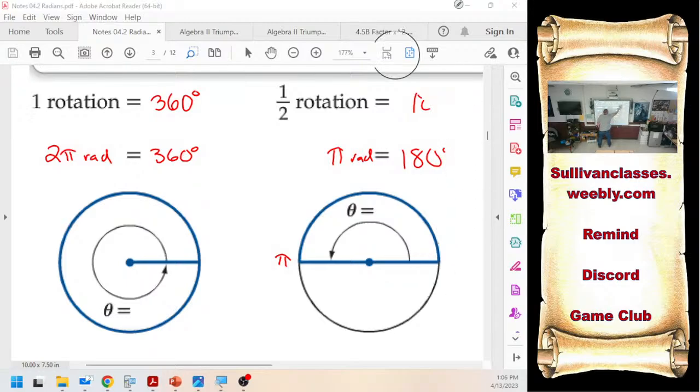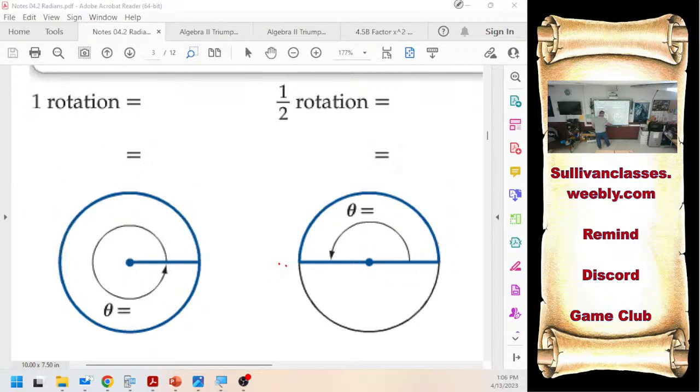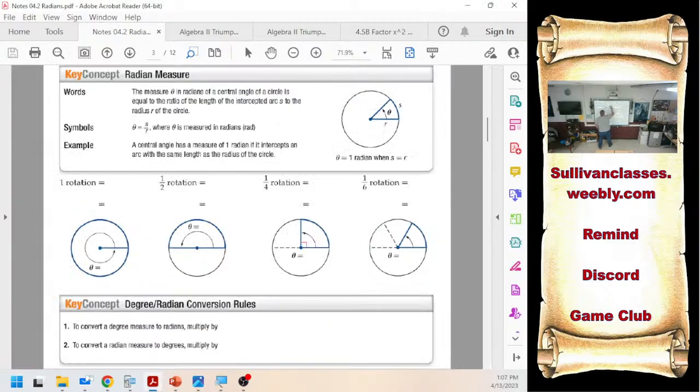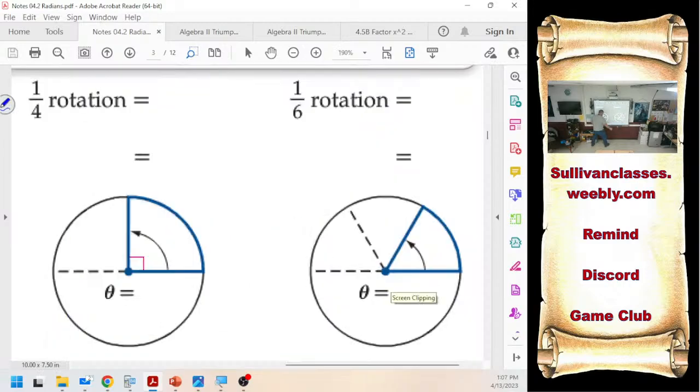All right, what if I start chopping that up? Notice that pi was half of the circle. So when I say 1/4 of a rotation, how far of the way to pi am I going? 1/2. 1/4 of a rotation was 90 degrees.